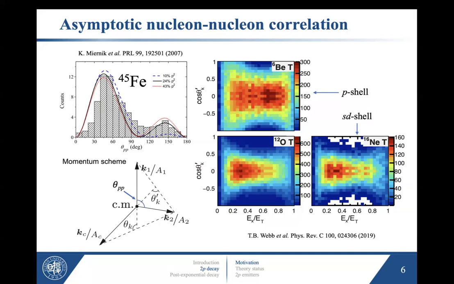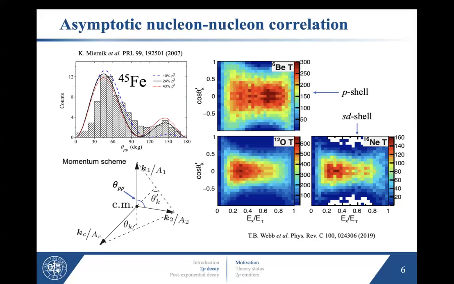So for example, in iron-45, they measured the opening angle of the two emitted protons, and it was found that most of the two protons are likely to be emitted with small angles, which means they are likely to decay as a proton pair, or diproton decay. And there are also small possibilities that these valence protons will be emitted with large angles.